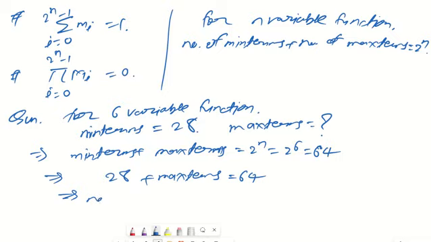So the number of max terms remaining will be 64 minus 28, that is going to be how much? 36. So this was a GATE question, a very simple question. We had a 6 variable function, the number of min terms was given as 28. So how many max terms will there be?